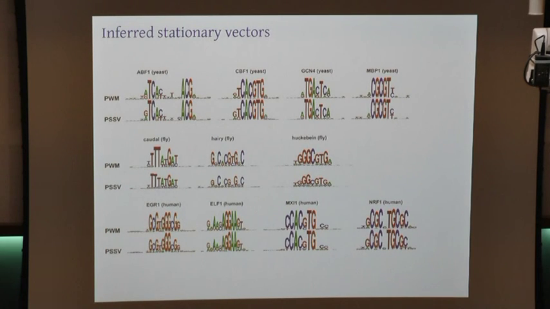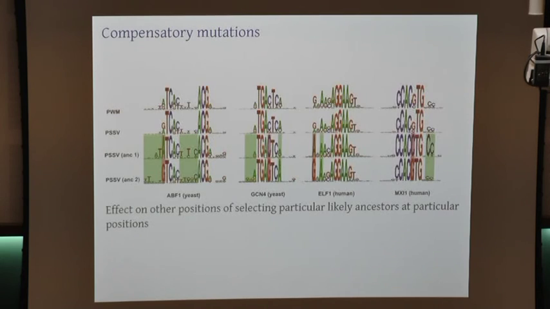The compensatory part is in the next slide. Supposing of this A and G here, I chose an A. Actually this A and G are of roughly equal height, but if I choose an A, I see a slightly different pattern. If I choose a G, I see a slightly different pattern.